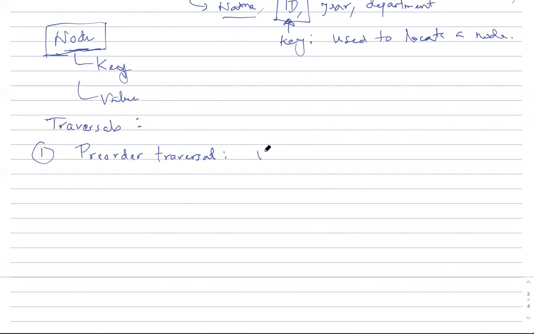You visit each node before recursively visiting its children.